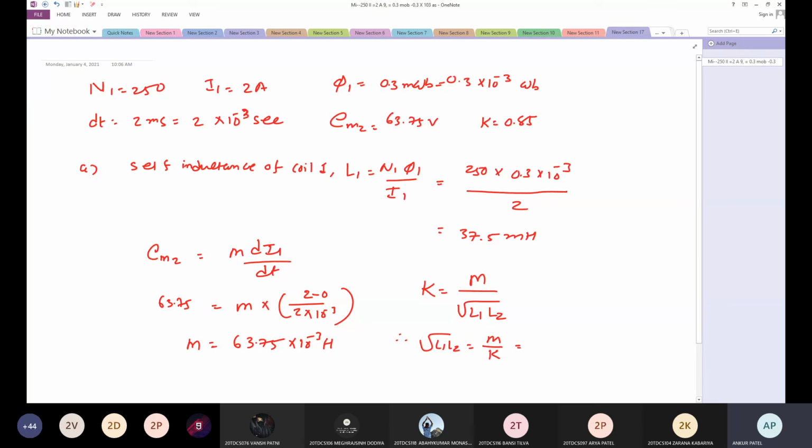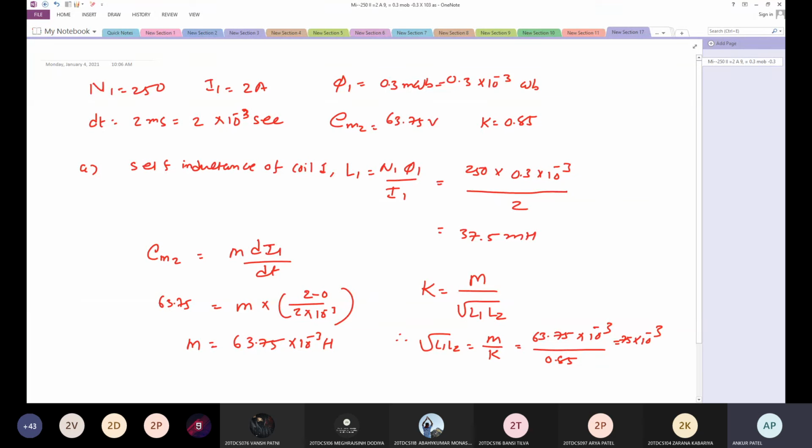Okay. So M by K, what you will get? M by K is 63.75 into 10 raised to minus 3 divided by 0.85. So I have 75 into 10 raised to minus 3.